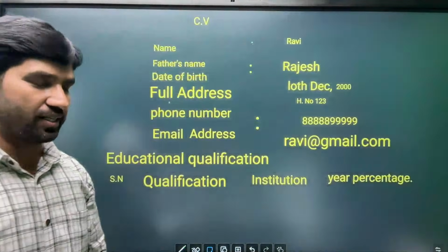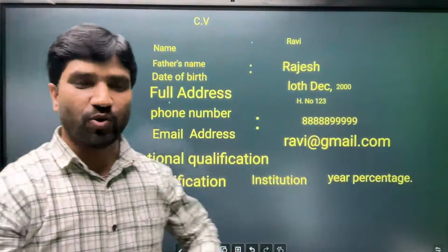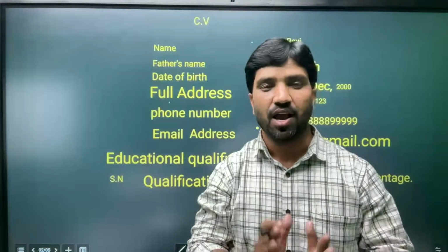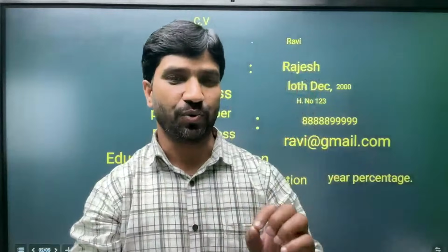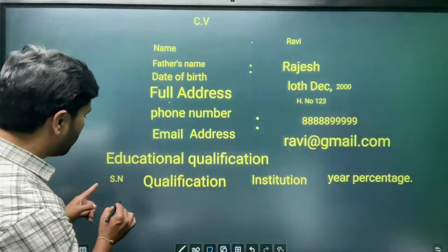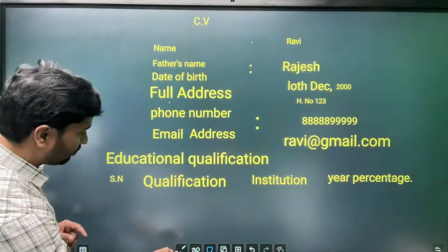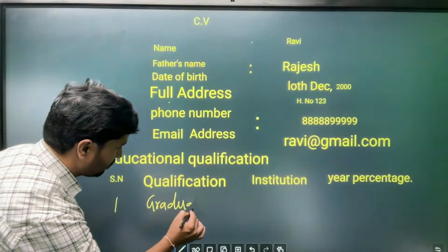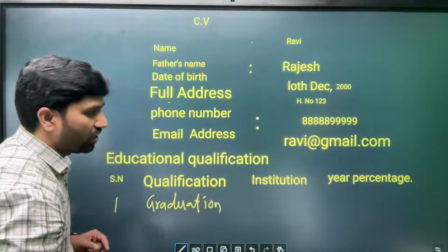While writing the qualifications, we write from higher qualification to lower qualification. Commonly, the first one is graduation. Then institution.